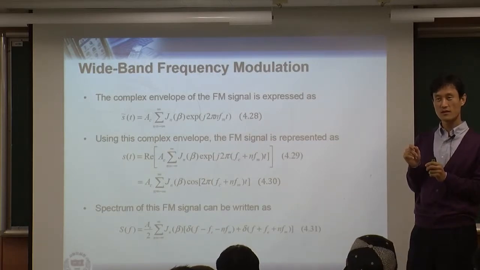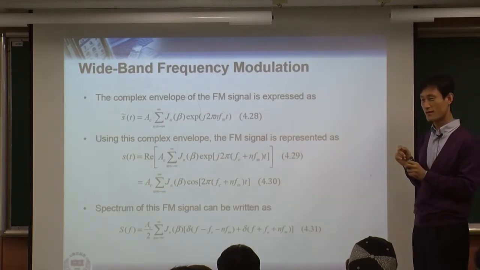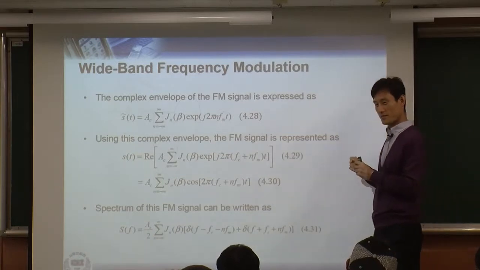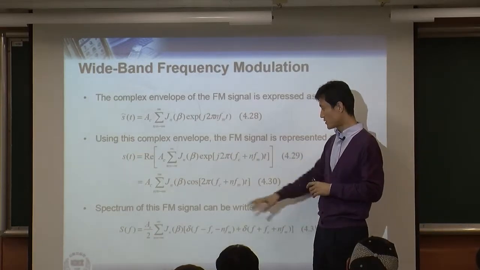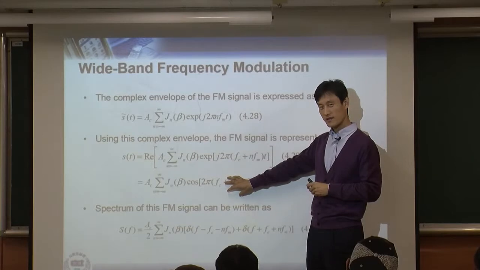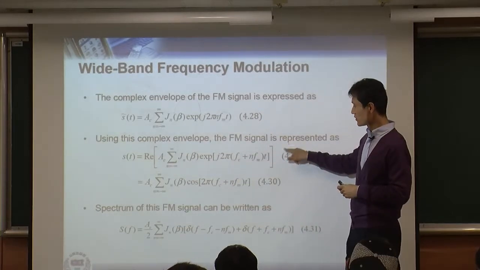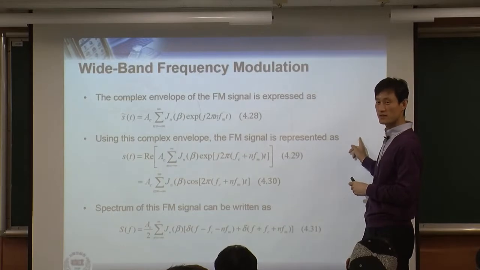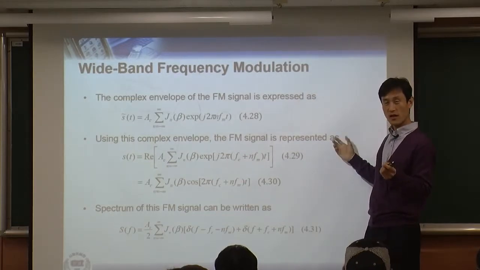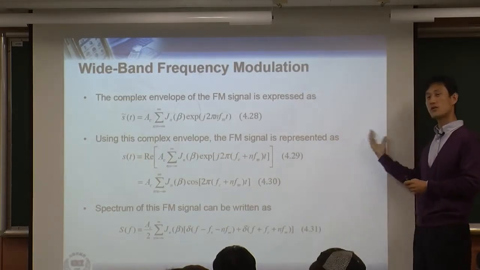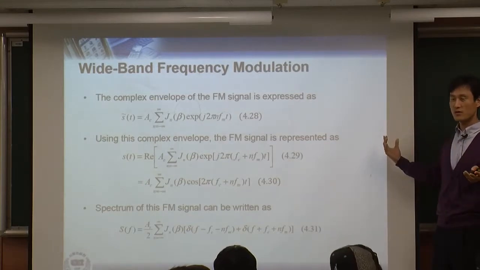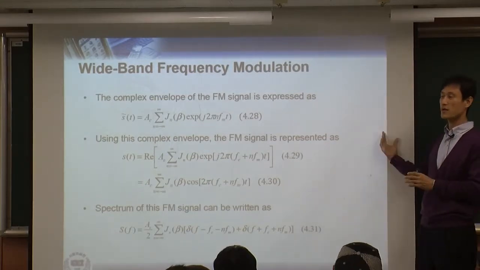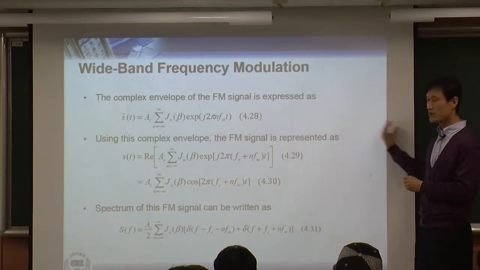Why is that? Simply because cosine square is 1 over 2 times (1 plus cosine 2x). Right? We always do that. And cosine 2x is another cosine with a different frequency. The frequency is double, but still it's a cosine. So integration of cosine is going to be 0.